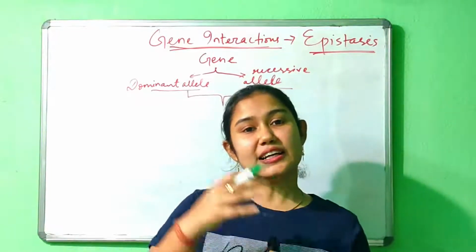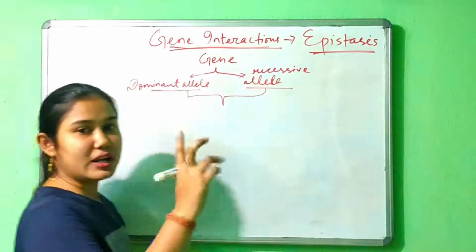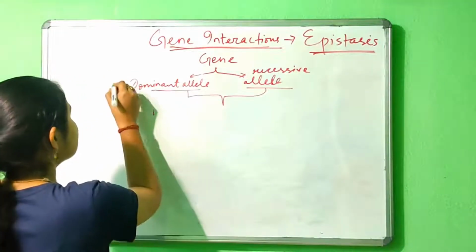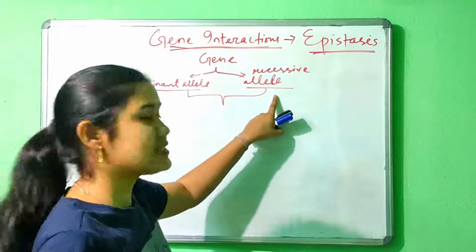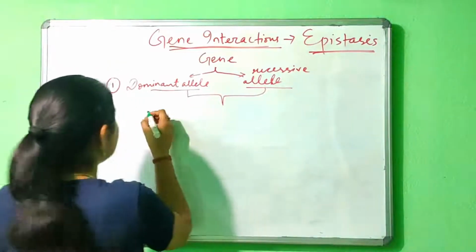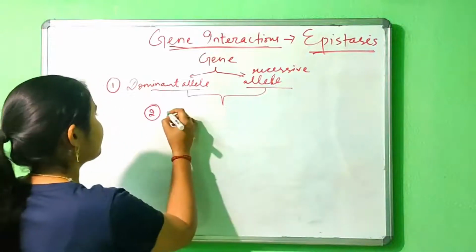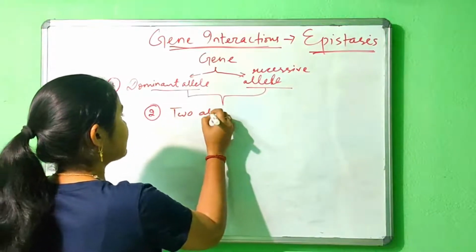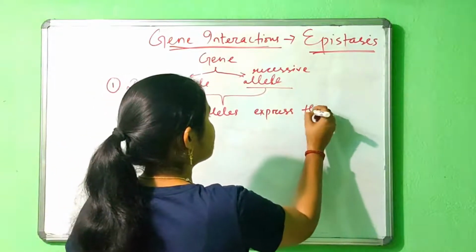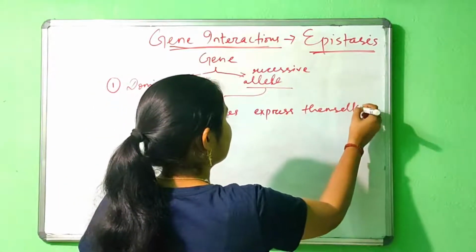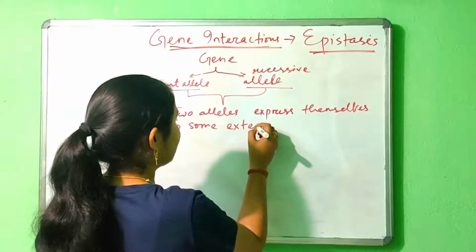But in the deviations of Mendelism, what have we studied? We have studied two types of things. The first one is where one allele is dominant and the other one is recessive. Another type of interaction that we have seen is that two alleles express themselves to some extent, clear?